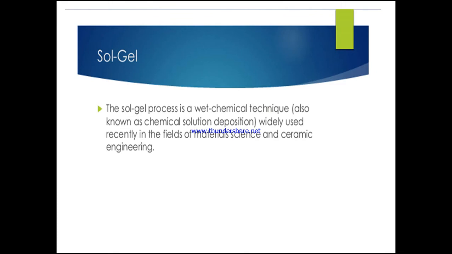You can see here that the sol-gel process is a wet chemical technique, already discussed, known as chemical solution deposition, widely used recently in the field of material science and ceramic engineering. In material science and ceramic engineering, this sol-gel technique plays a very important role.